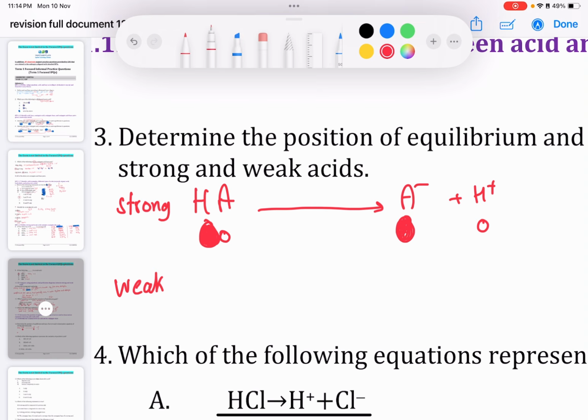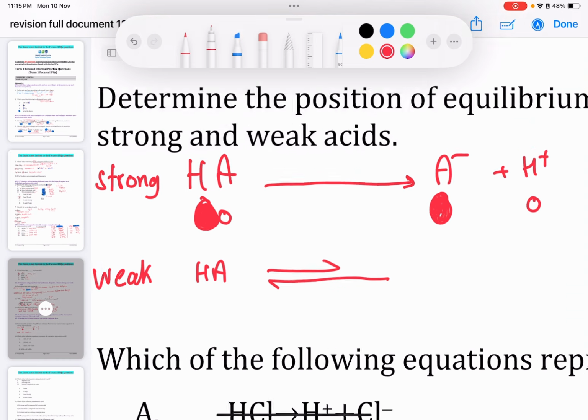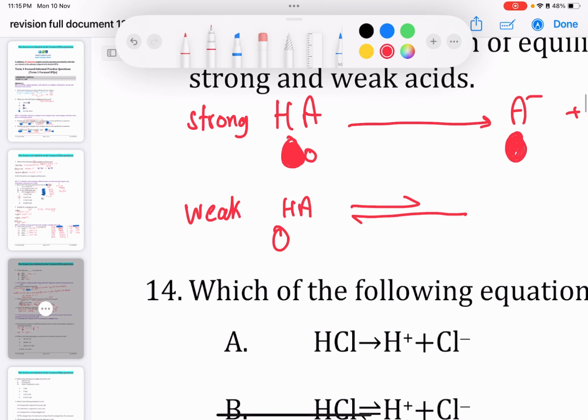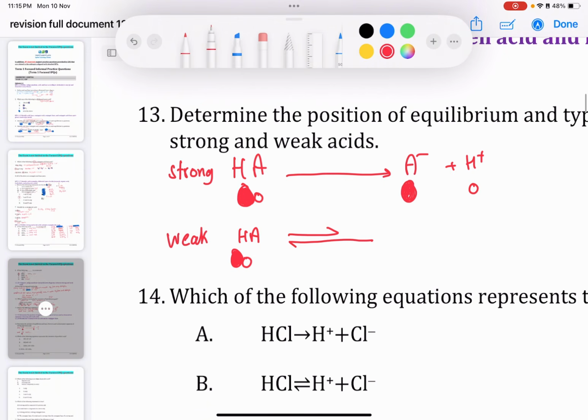But if HA was a weak acid, it's going to be like this. And intentionally, I'm making the arrow to the left side longer. I mean by this that the majority of the molecules of HA remained unionized. Like here in the strong, when this equation finishes, I don't have HA anymore. It's zero.